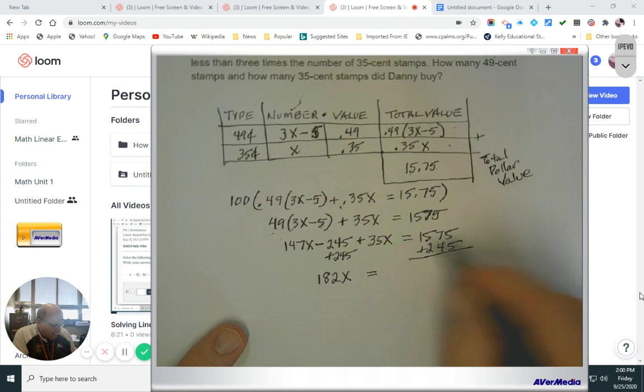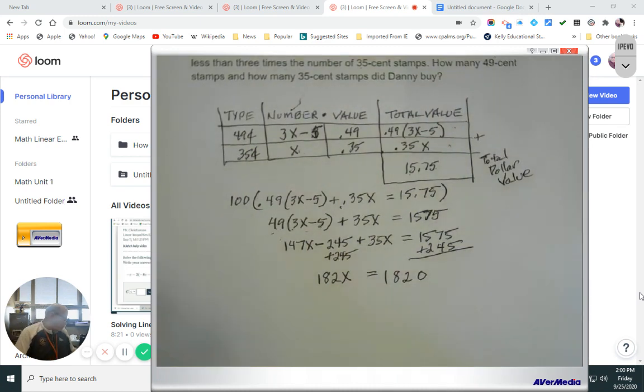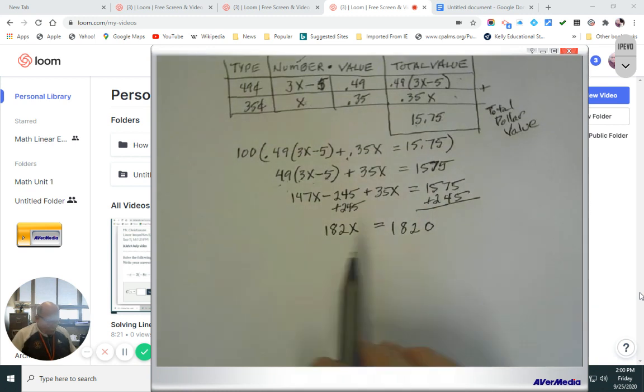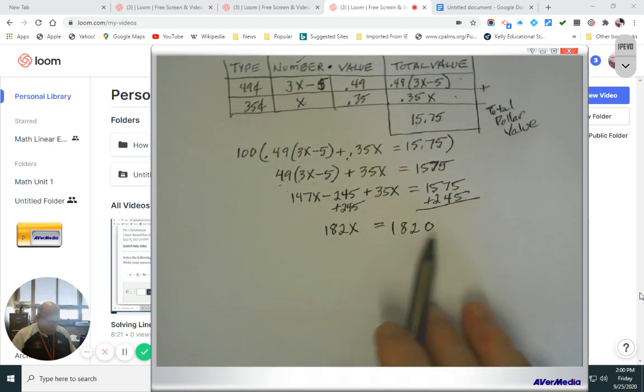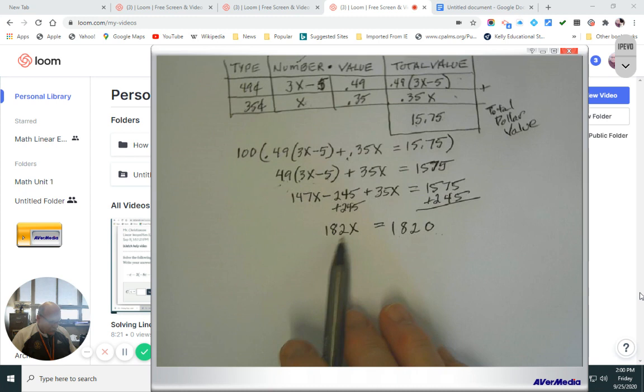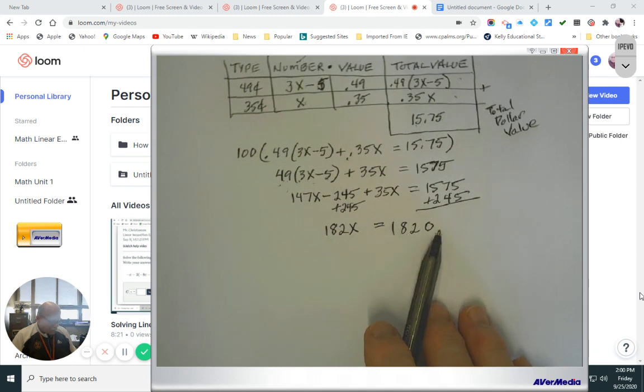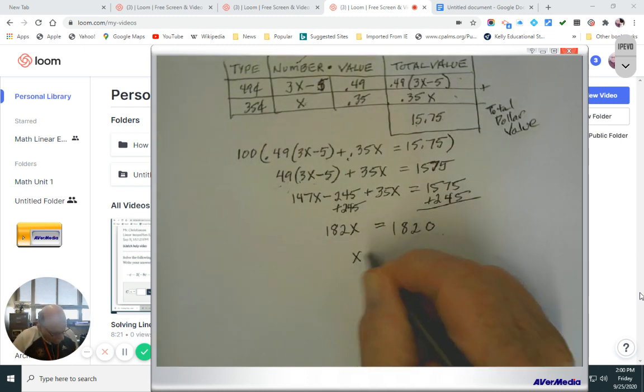And 1575 plus 245, that's 1820. Now it's just a matter of 1820 divided by 182. Well, look at this, 182 here, 182 there, and there's a 0 left. So this is x equals 10.